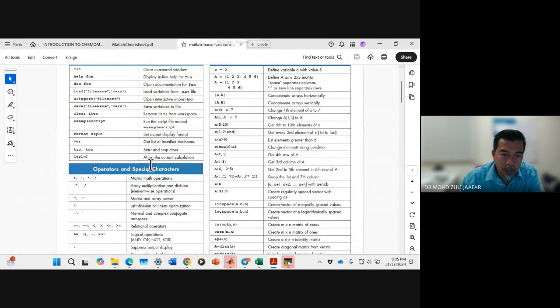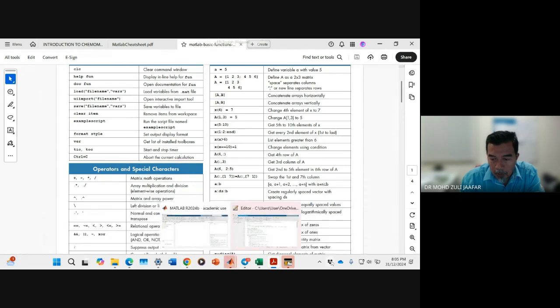That is why here we have operators in matrix form. If you don't understand, let me know. While you are installing your MATLAB, if you find errors or you are not sure what to do, you can simply WhatsApp me and I will reply as soon as possible.